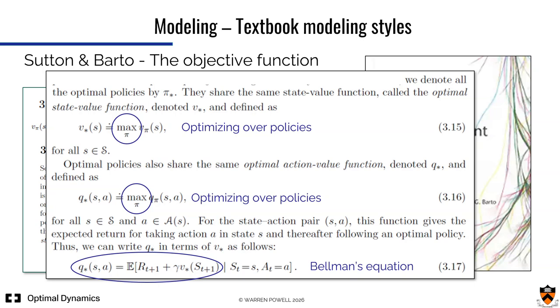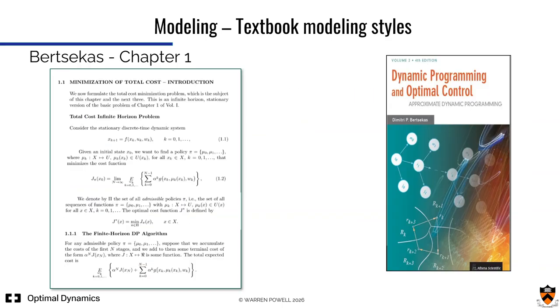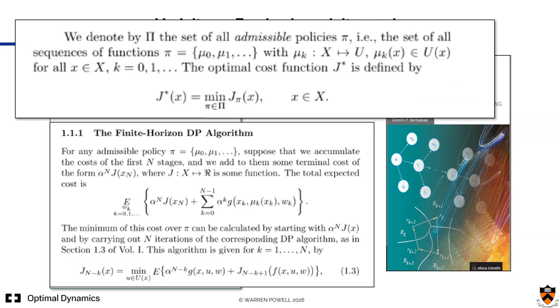Now, down here, this is Bellman's equation, where the Q factor, which is a form of value function, is the expected reward plus the downstream value of being in a state. That's Bellman's equation. Bertsekas, one of the great names in stochastic control, stochastic optimization, and dynamic programming, he also will optimize over policies.